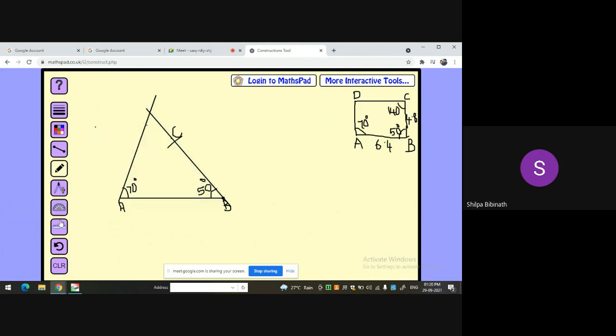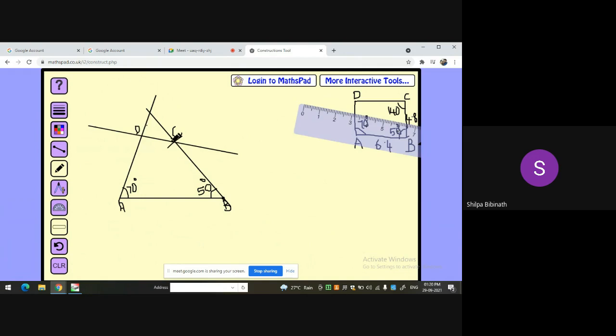And then we will take the scale and join that dot with C. Okay. So this is done. Now the point where it is intersecting, this will be D.